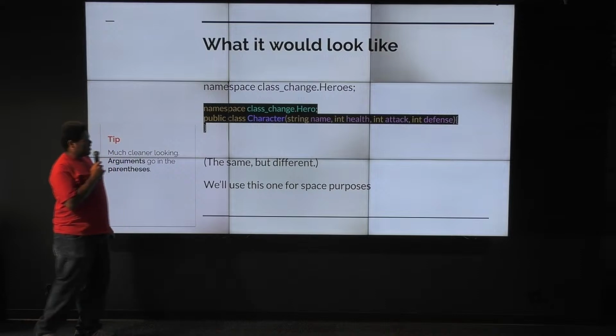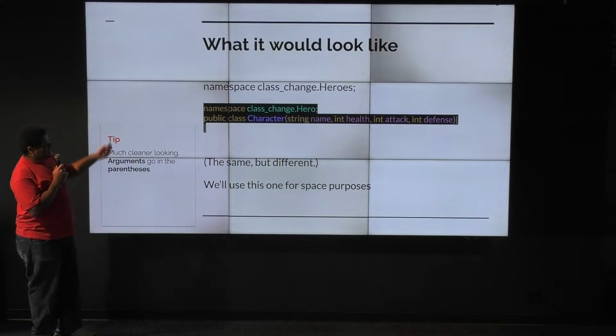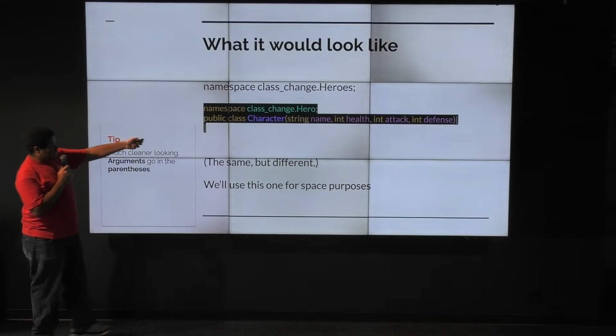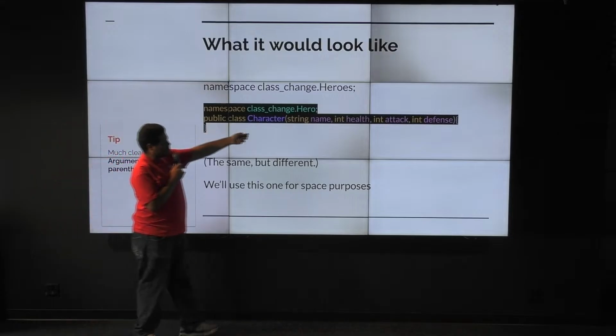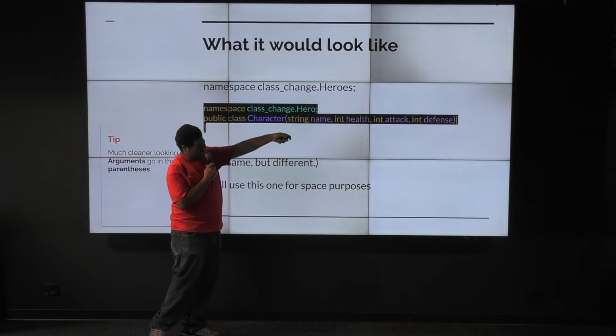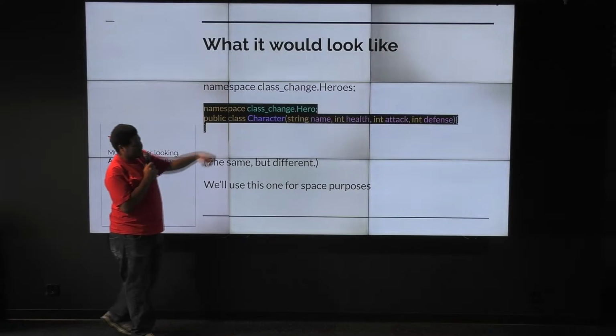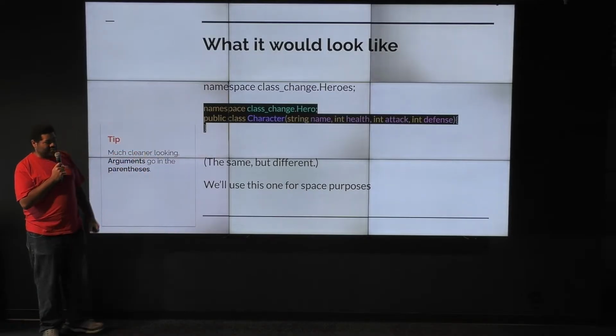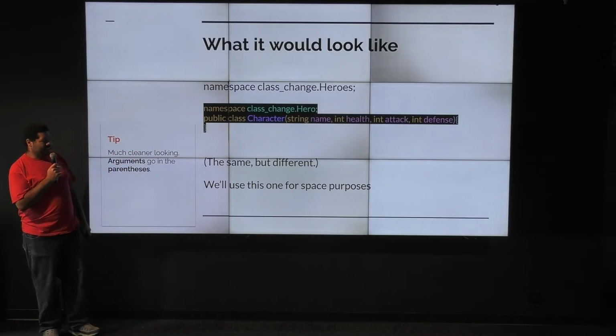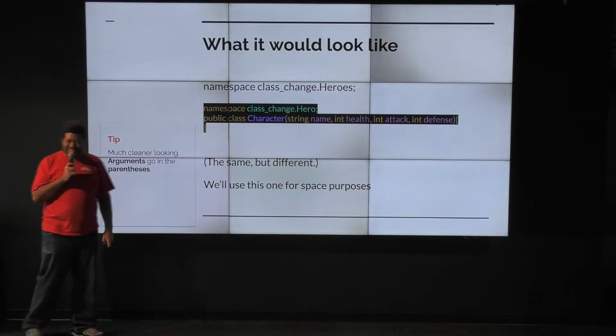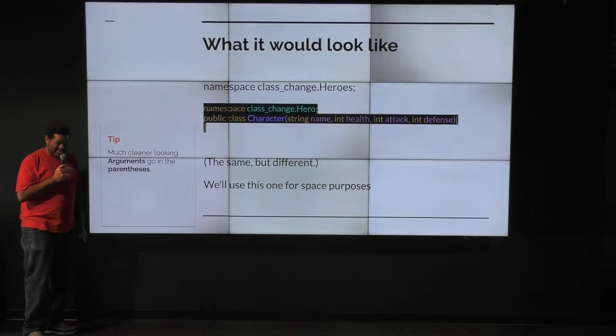If you know for sure that these are the only variables or arguments you're going to put in your class, then it's perfectly fine to use a primary constructor, as long as you know that everything that's going to use it is going to be compatible with C# 12.